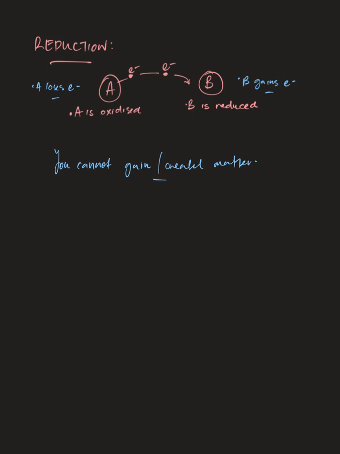And because of that, it means you can't just gain electrons from nowhere. In order to gain electrons, something must give it up in order to take it on. Right?